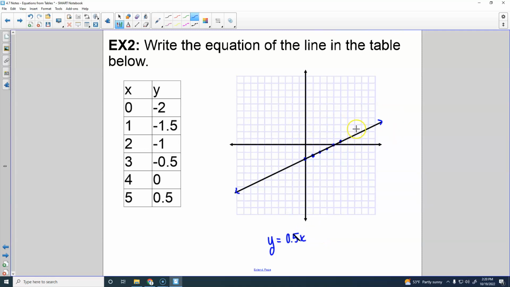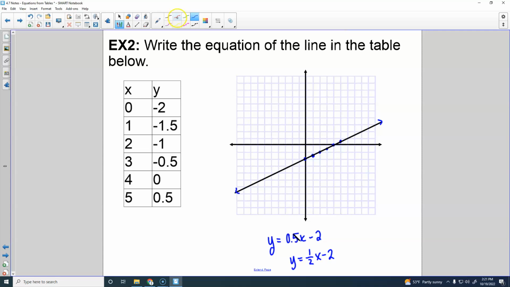If we look at our graph, where do we hit the y-axis? -2. Okay, this is fine. You also could just say y equals 1/2 x minus 2 because 1/2 is the same as 0.5. And a lot of times we like fractions better whenever we're dealing with slopes. So this is the correct line.